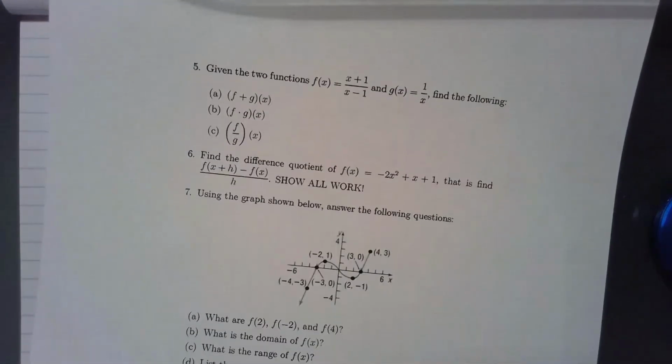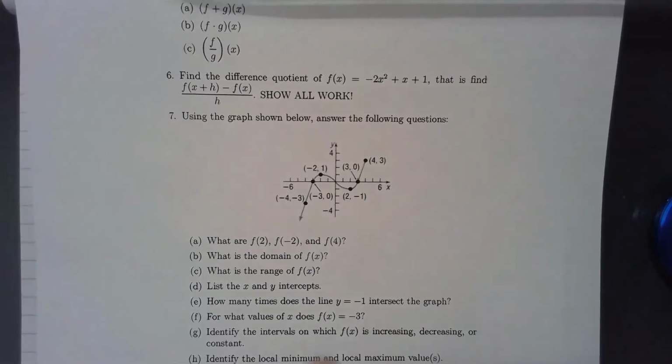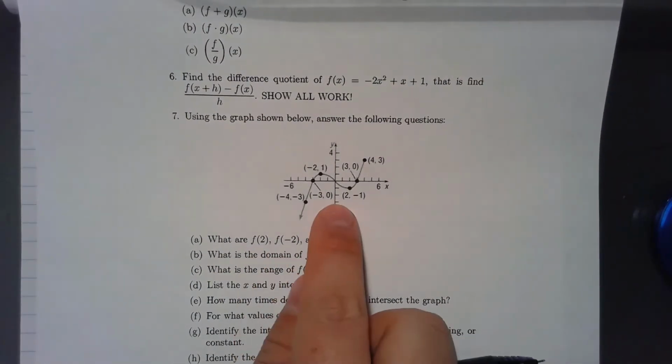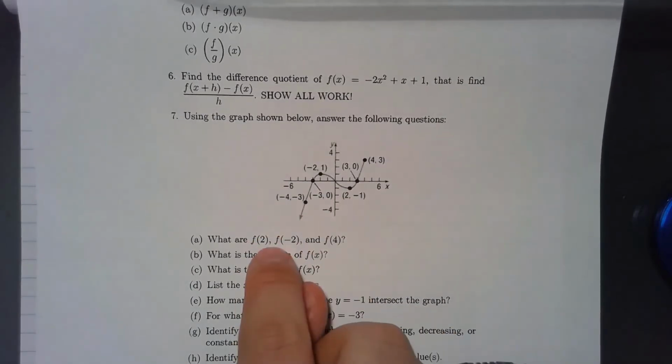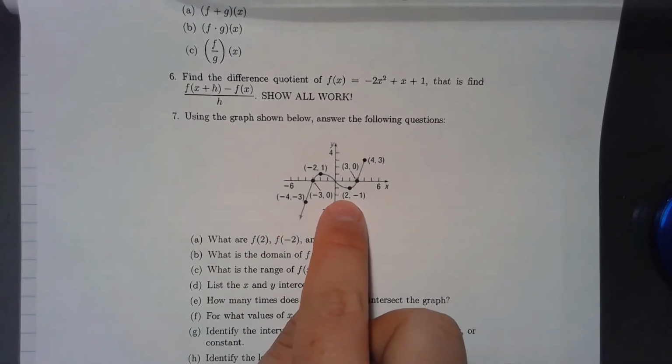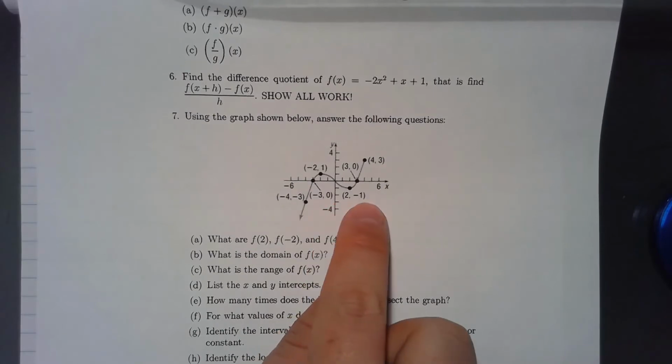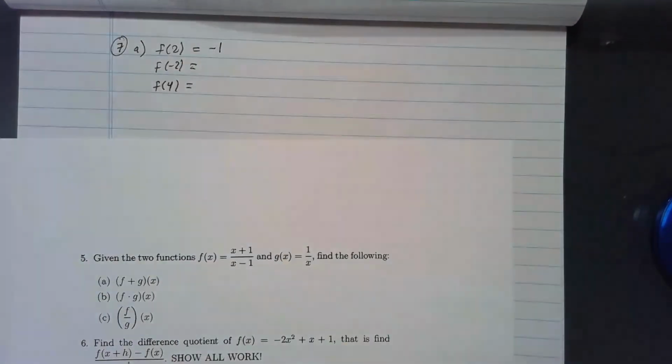So if you look at the graph on the sheet, f at 2 is, so 2 is the x-coordinate. So f at 2 is going to be the y-coordinate, which is negative 1. And that's it. F at negative 2.